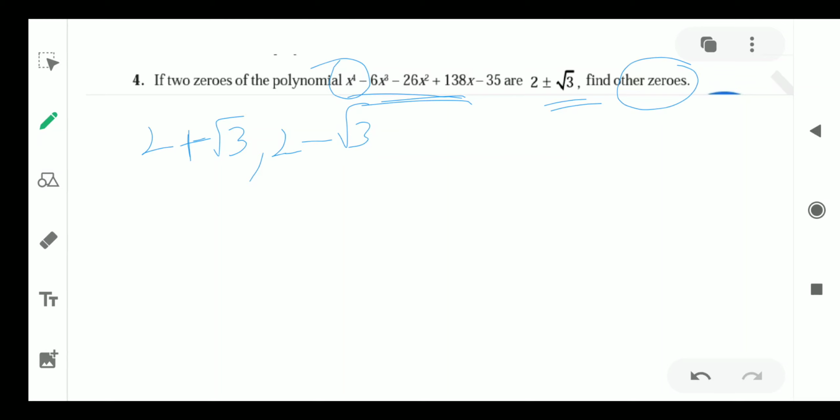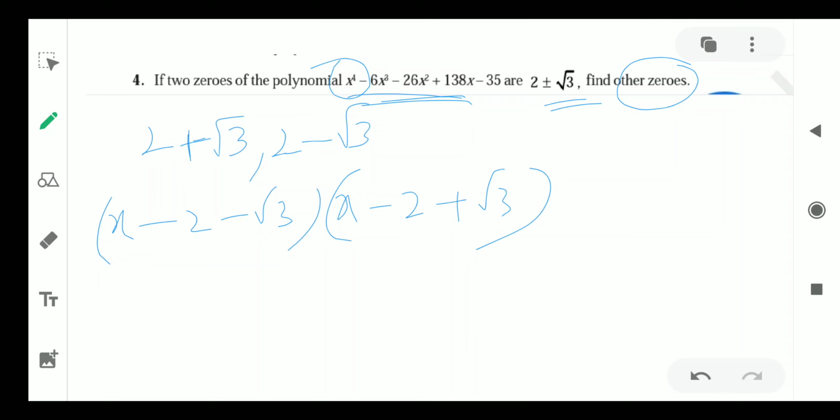Now because these are zeros, we already know that if alpha is a root of a polynomial, then x minus alpha is a factor of that polynomial. It means that the polynomial is divided by this factor exactly. So x minus 2 minus root 3 is one factor, and x minus 2 plus root 3 is another factor.